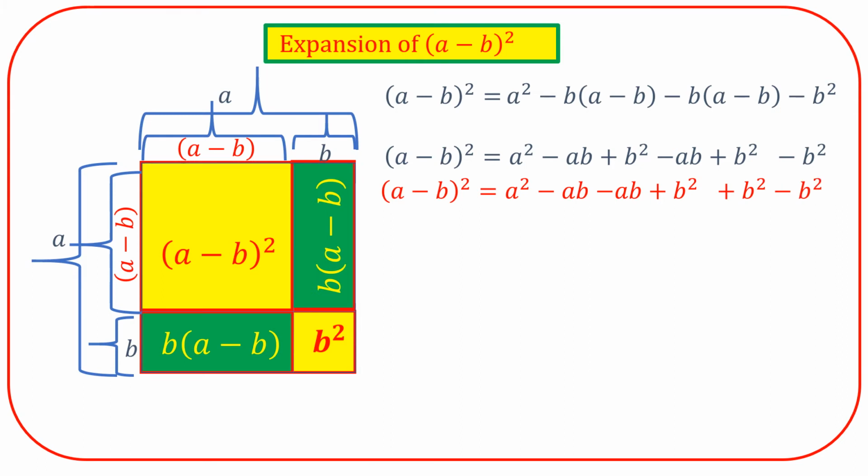Here b square minus b square cancel, and minus ab, like terms, minus 1, that is minus 2ab. So write down (a - b) whole square = a square - 2ab + b square.